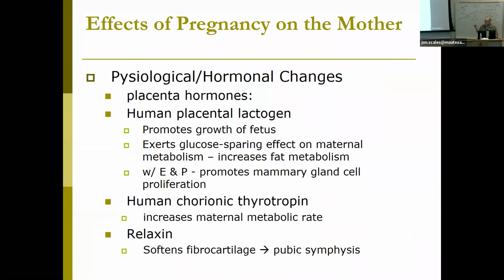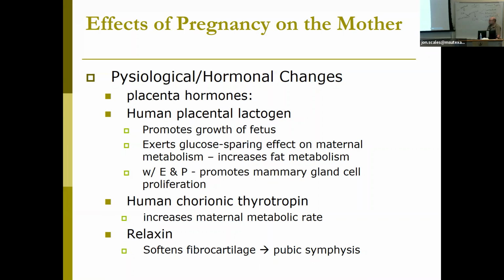So the placenta is making a bunch of hormones, HCG, relaxin, lactogen, and some of its effects are to increase the metabolism, what's called the glucose sparing effect. This increases the ability to burn fat, okay?